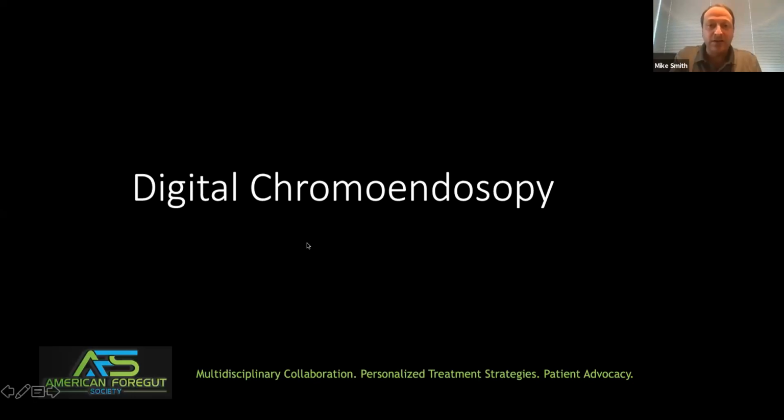And we're going to start talking now about digital chromoendoscopy as a first step that almost all of us have in our armamentarium for identifying dysplastic disease within a Barrett segment. The great thing about this is we've now reached a point where this kind of imaging is available no matter what brand of endoscope you're using.